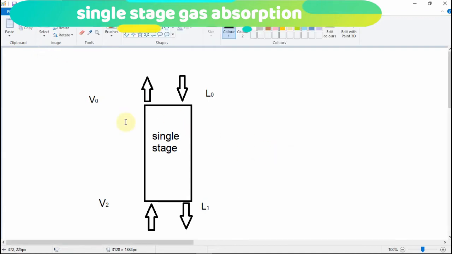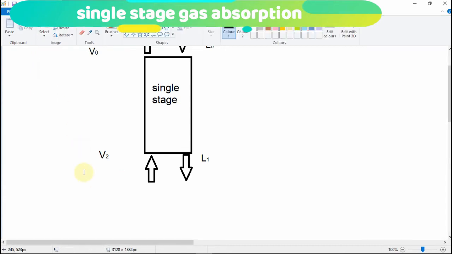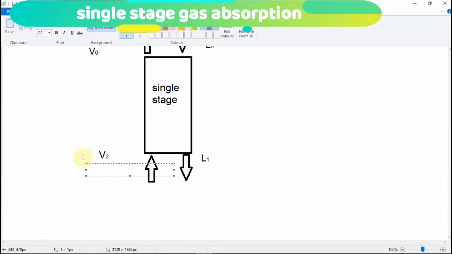Okay, and then we got the mole fraction for each and every stream. For this one, for inlet gas, because it is a gas stream, which is V, the mole fraction will be stated as Y. Since we got three components in the system, there must be three mole fractions, whether it has a value or not.